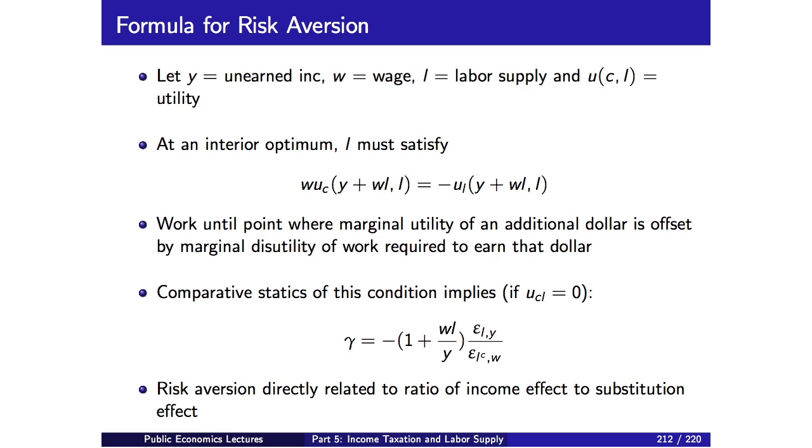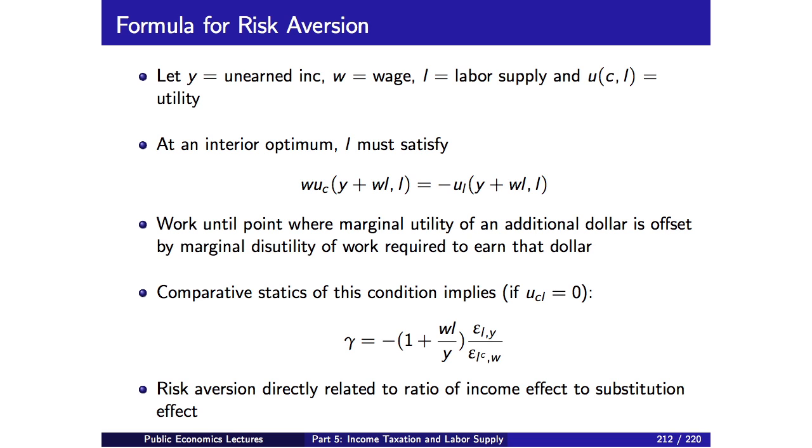This technique turns out, this is an identity that turns out to be useful in many applications if you're doing theoretical work in public finance. So let's let Y denote your unearned income, W your wage, L your labor supply, and U of C comma L your utility function.